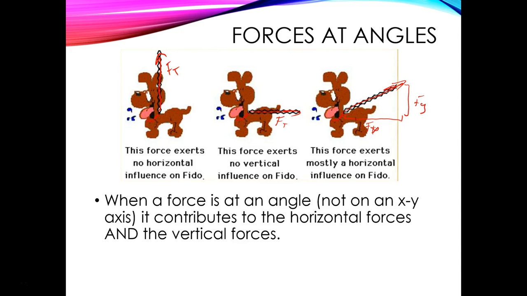We're going to find out how to get those components, and it's the exact same as finding the x or y component of our velocity. The big point is that whenever a force is at an angle, it's not on one of those axes, so it contributes to both the horizontal force and the vertical force. It's no longer just one or the other. It's going to be a combination.